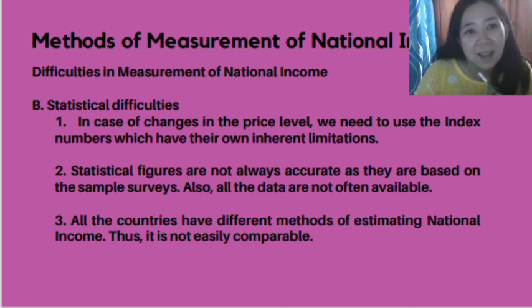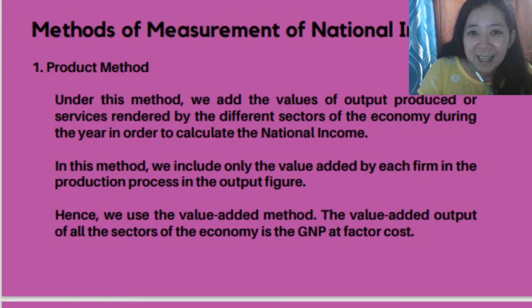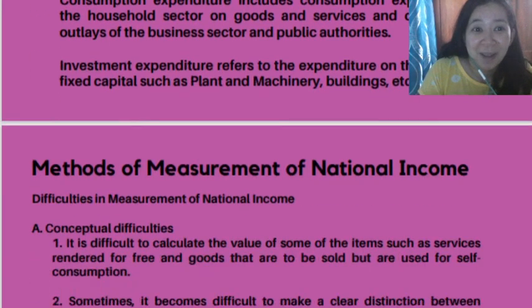Number three, all the countries have different methods of estimating the national income. If you still remember, we have three different methods. They may measure their national income using the product method, the income method, and the third one, I forgot. Okay, expenditure. Yes, the expenditure method.